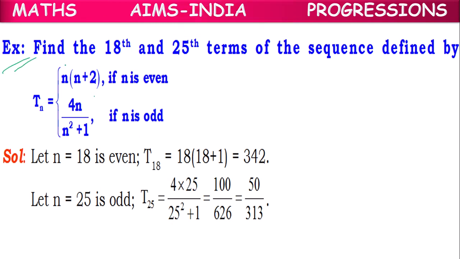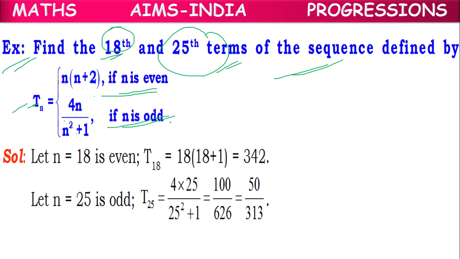Next example: find the 18th term and 25th term of the sequence defined by Tn equals n into n plus 1 if n is even, and 4n by n square plus 1 if n is odd. So what is Tn here?